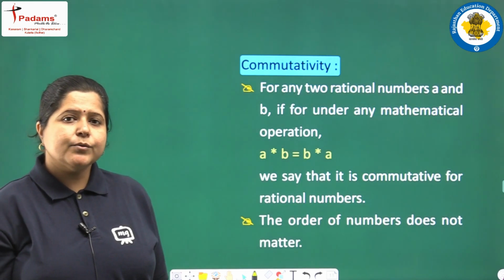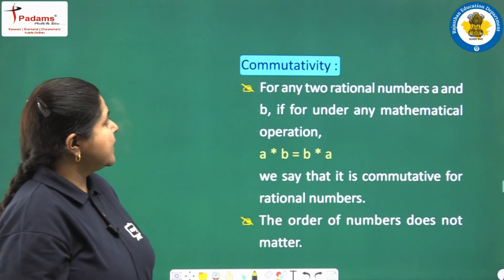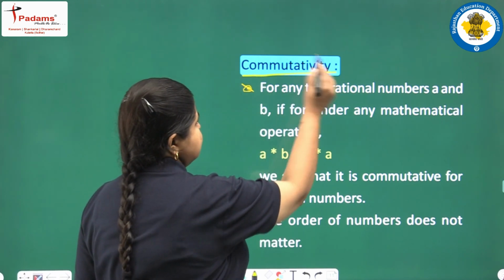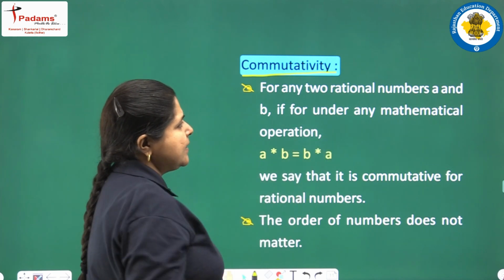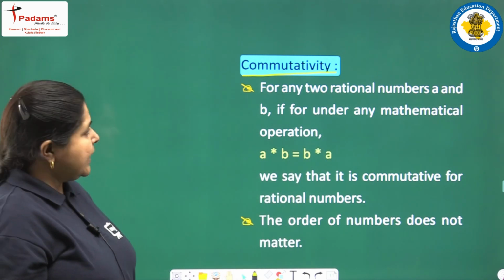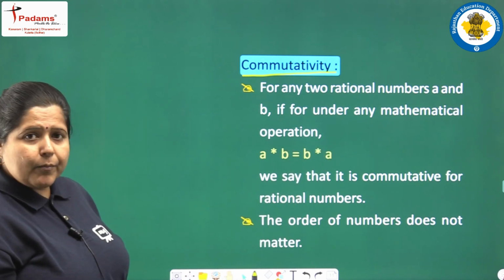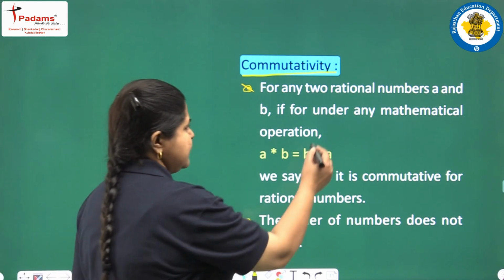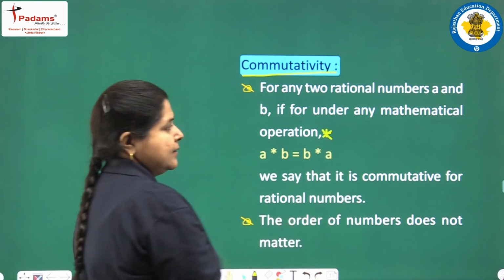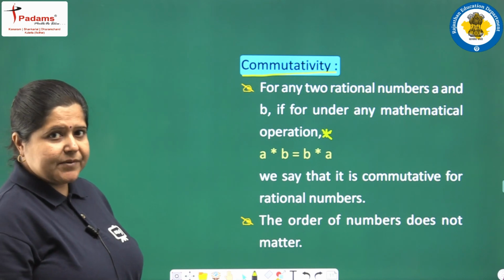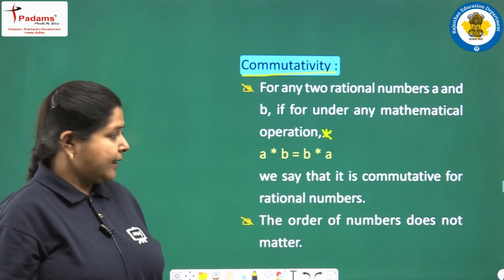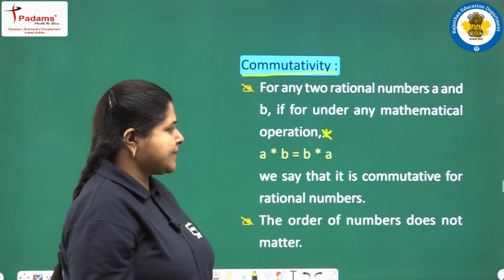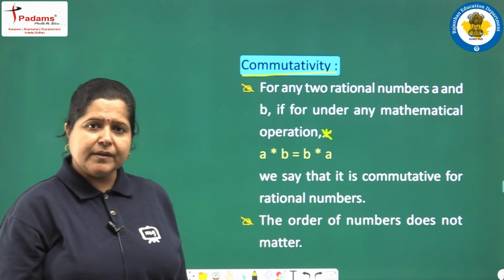Now we come on to the next property, which is commutativity. What is it? For any two rational numbers a and b, if under any mathematical operation, let the operation be named star, a star b is equal to b star a, we say that it is commutative for rational numbers.